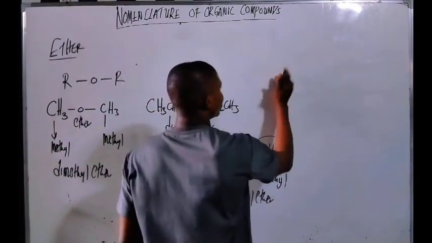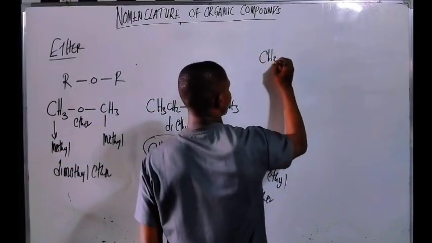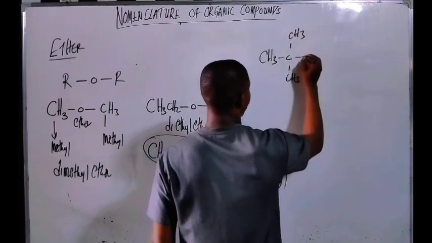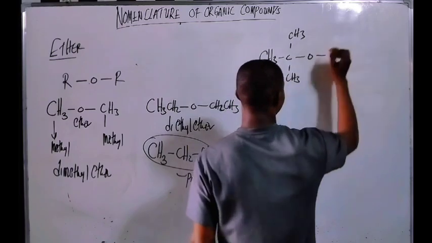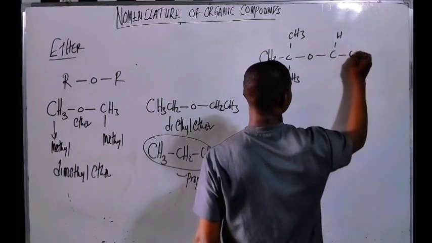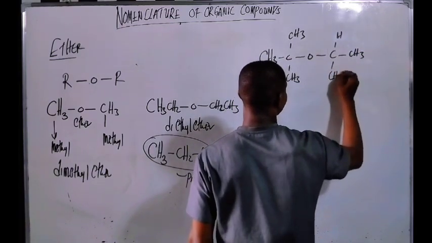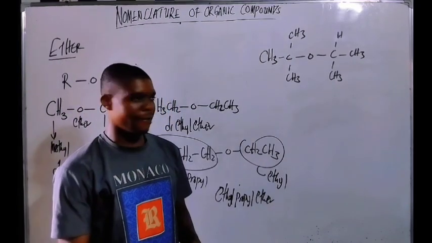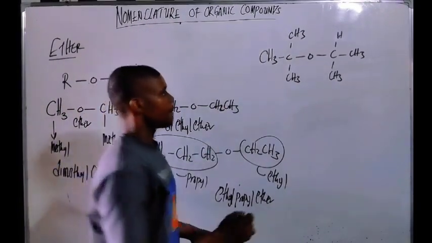If for example you have an oxygen with CH3, CH3, CH3 on one side, and CH3 and CH3 on the other, what would be the name of this compound?